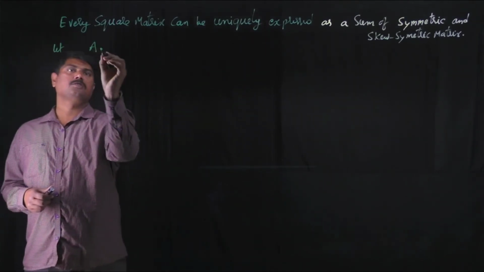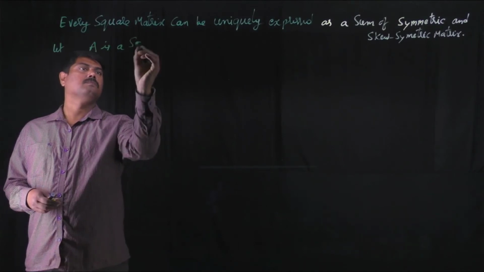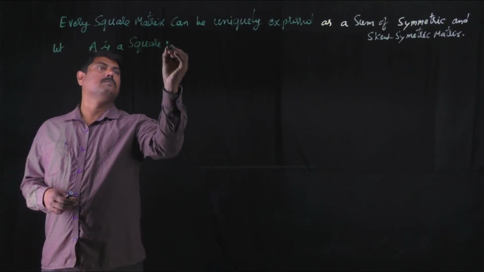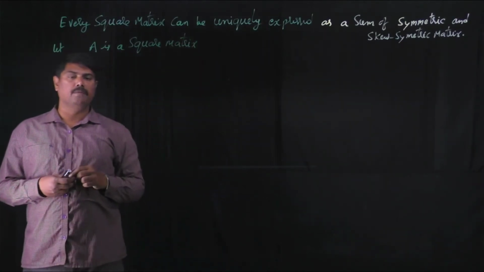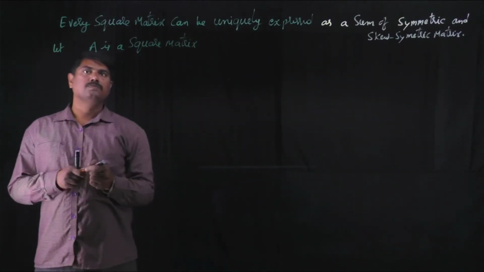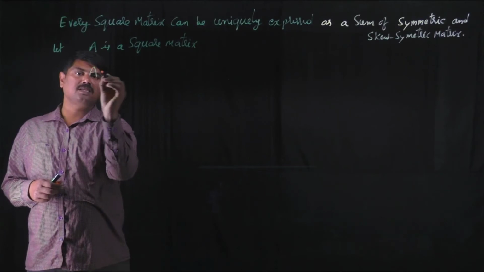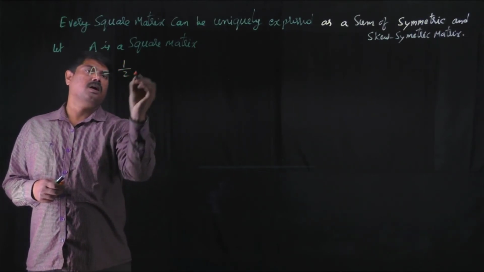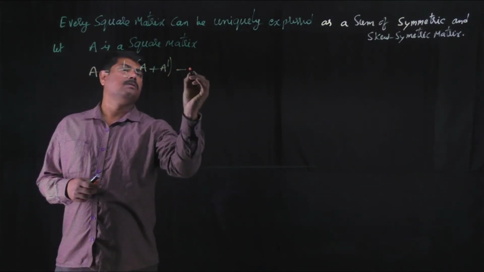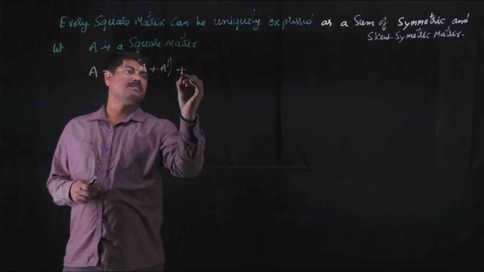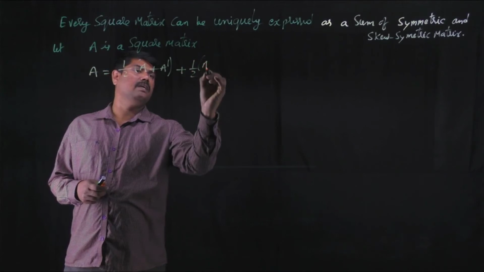For this, let A be a square matrix. Now, we can write A like this: half (A plus A dash) plus half (A minus A dash).